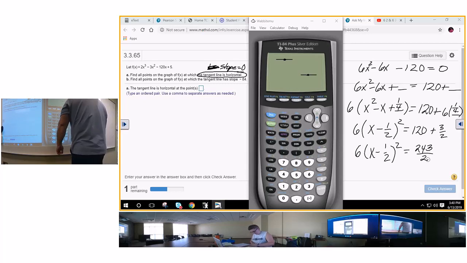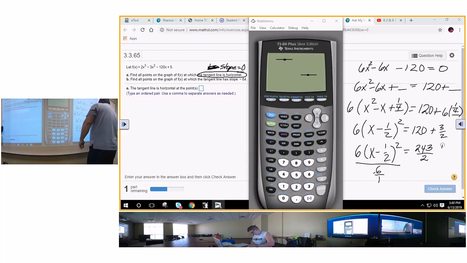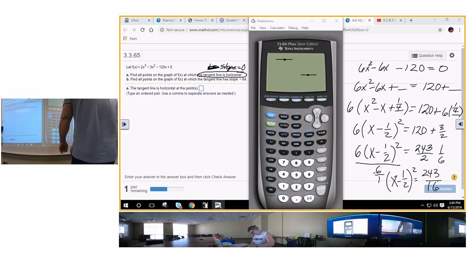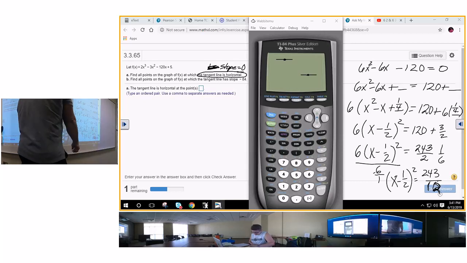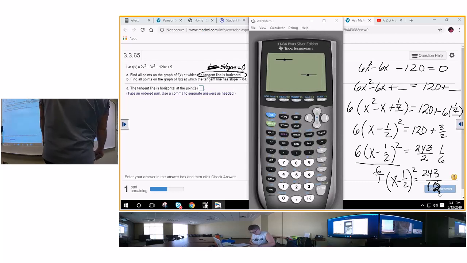And then divide that by 6, which means you multiply by 1 over 6. And that's going to give you (x minus 1/2) quantity squared is equal to 243 over 16. Take the square root. What's the square root of 243 over 12? Is it over 16 or is it over 12? Over 12, thank you. I was trying to get a perfect square in there. Okay, so the square root of 243 over 12, I don't know what that'll give us.